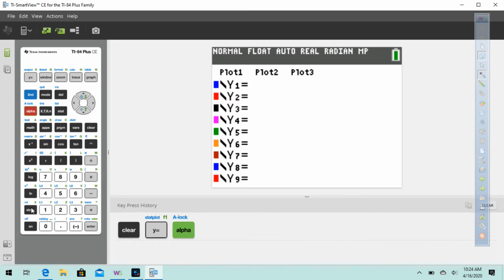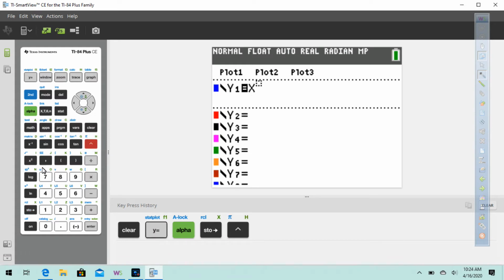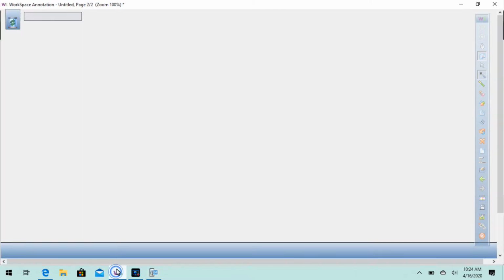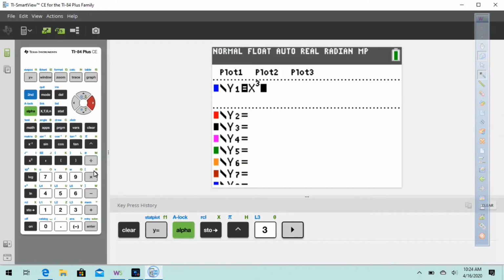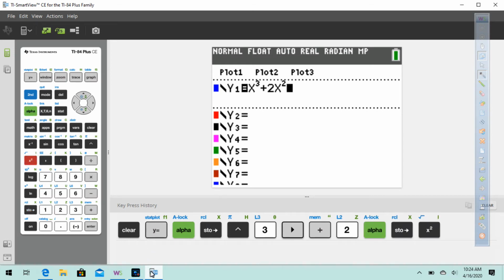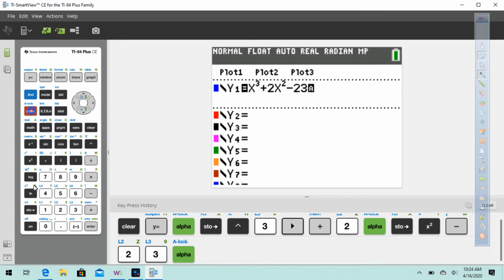So I've got x cubed, and let's see here, plus 2x squared, I don't know where everything is on this, and minus 23x minus 60.